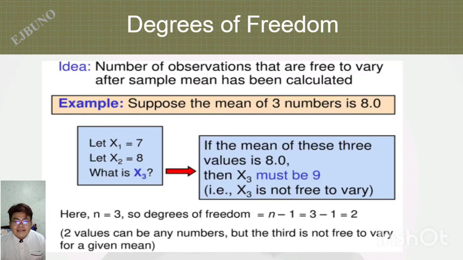Let x sub 1 be equal to 7, let x sub 2 be equal to 8, then what is x sub 3? If the mean of these three values is 8.0, then x sub 3 must be 9. So x sub 3 is not free to vary. Here, n is equal to 3, so degrees of freedom is n minus 1, which is 3 minus 1, equal to 2. So two values can be any numbers, but the third is not free to vary for the given mean.